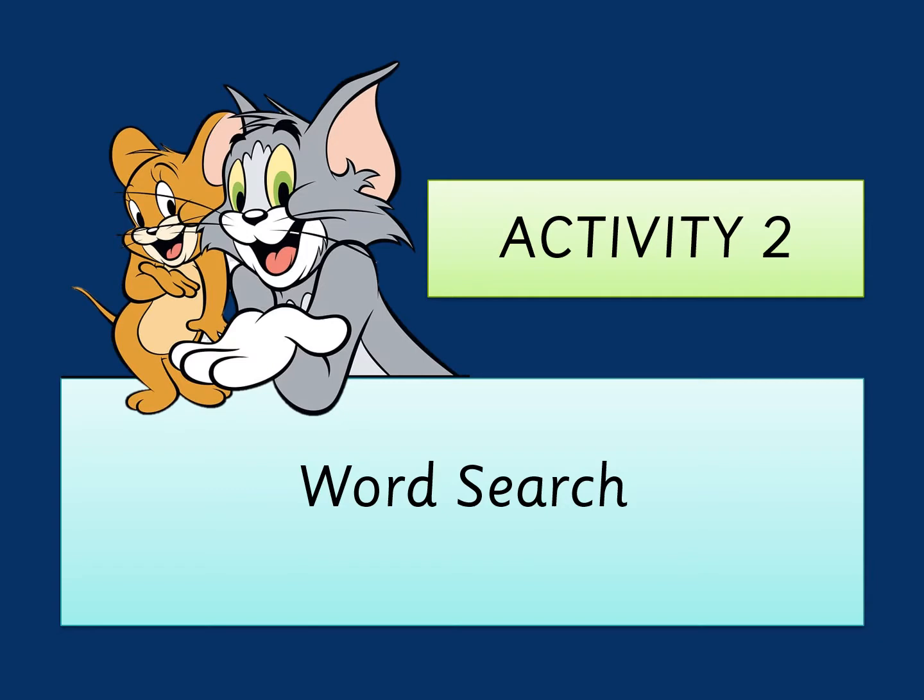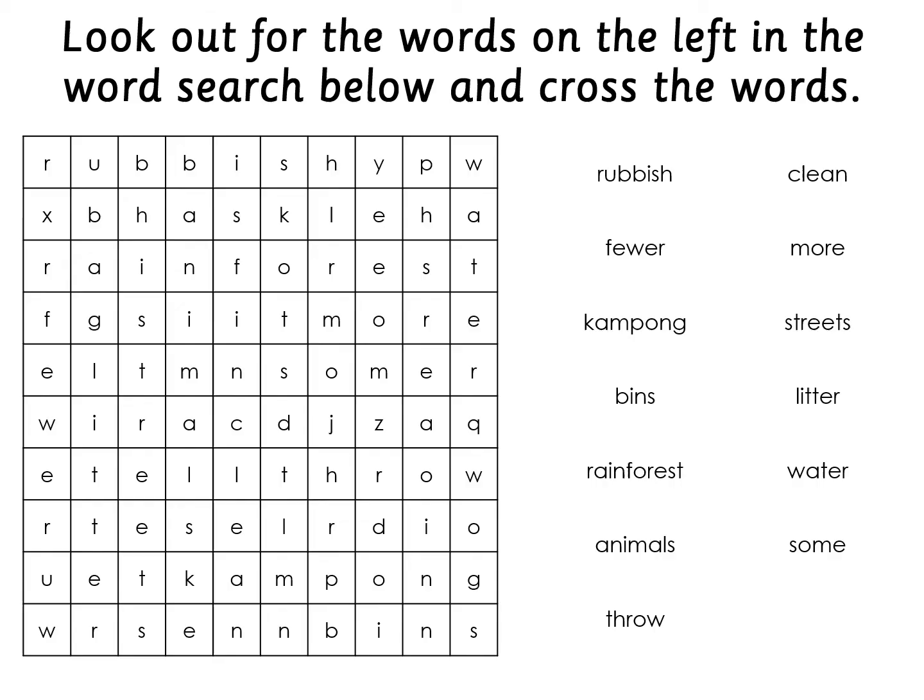For our second activity, you are going to do some word search. Look out for the words on the left in the word search below and cross the words. Before that, let's read the words.